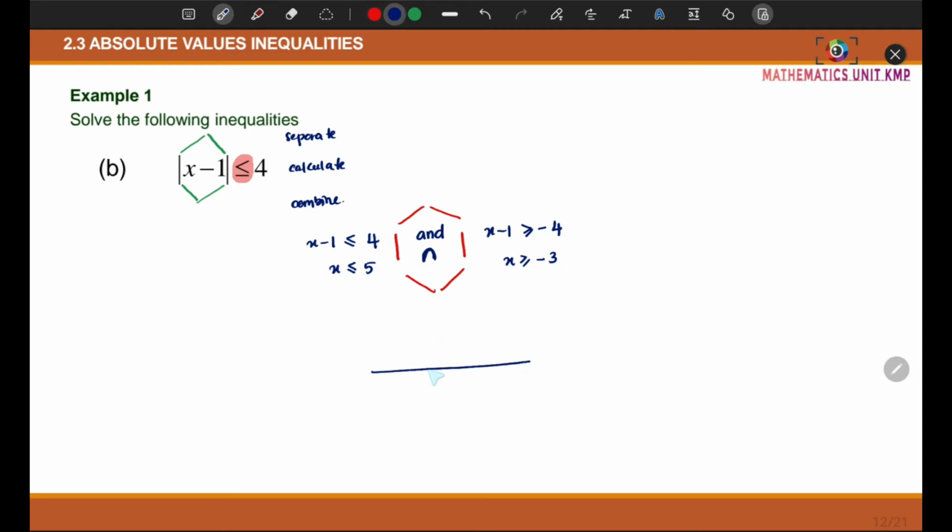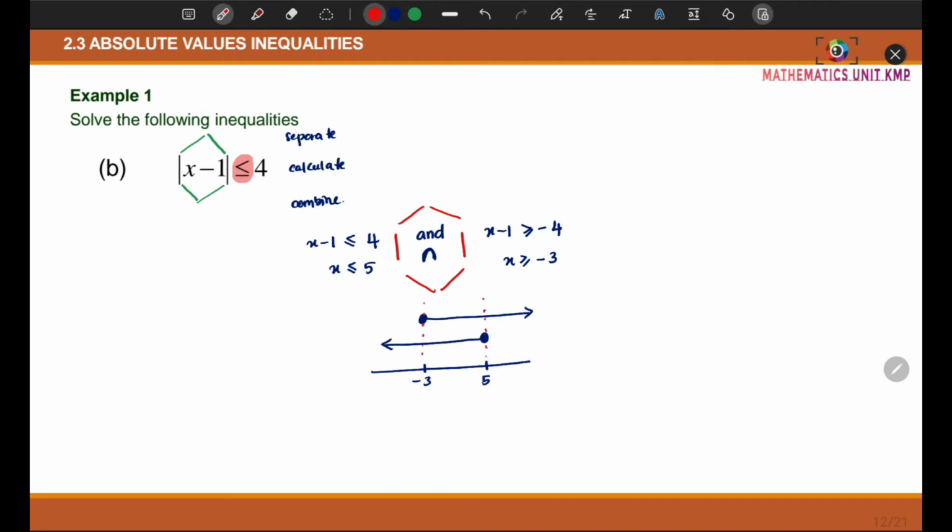So number line. Negative 3 and 5. So x less than or equal to 5: closed interval to the left because it is less than. And another one, x greater than or equal to negative 3: closed to the right. Okay, we will choose the intersection between these two lines to get the answer.